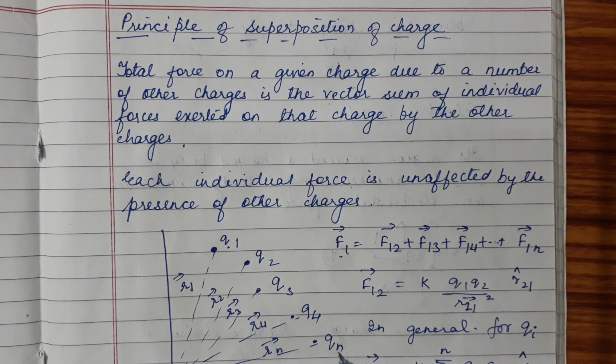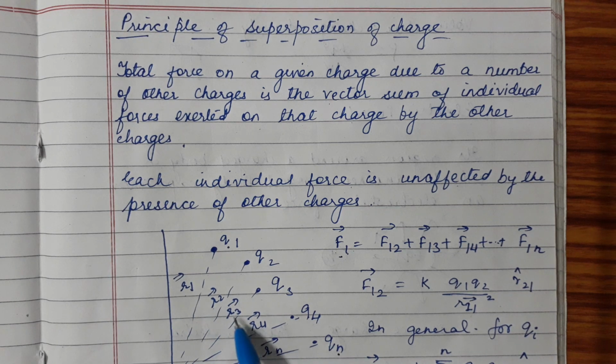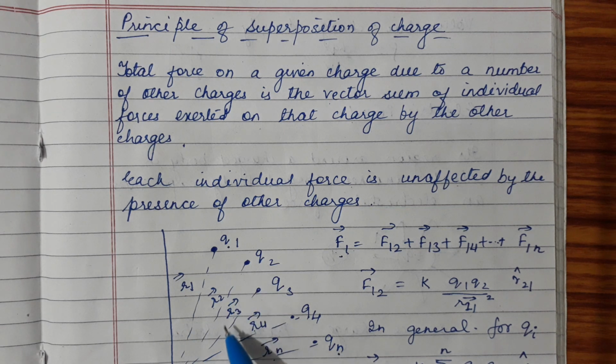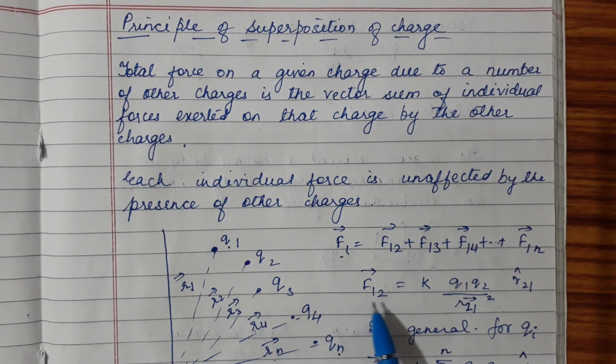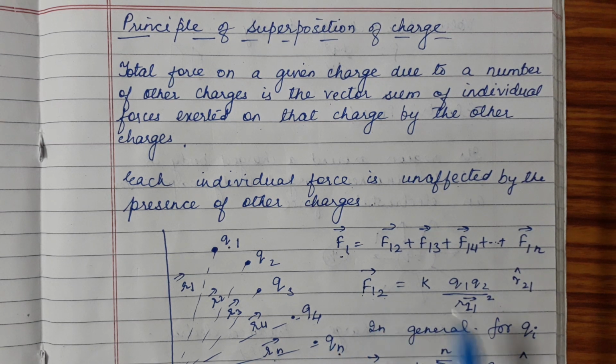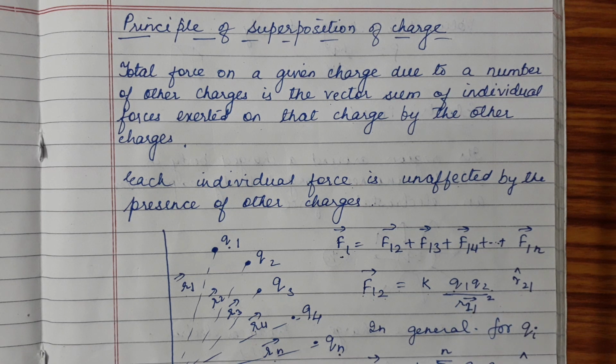Now suppose r1, r2, r3, r4 and rn are the position vectors of these charges. How will we write the force on Q1 due to Q2 using Coulomb's law? It can be written as F12 = K Q1 Q2 / r21². This is the distance between these two charges, and this is the position vector.